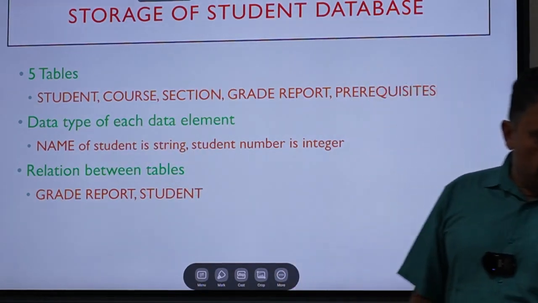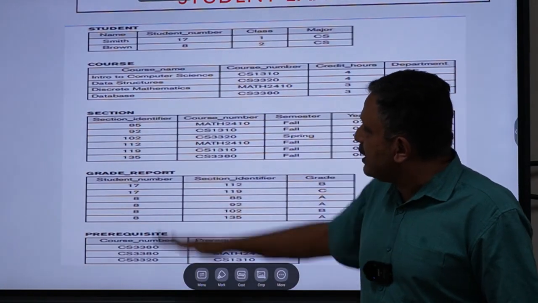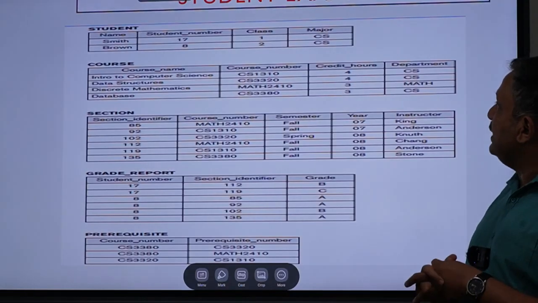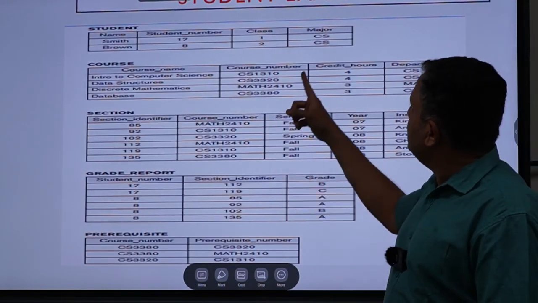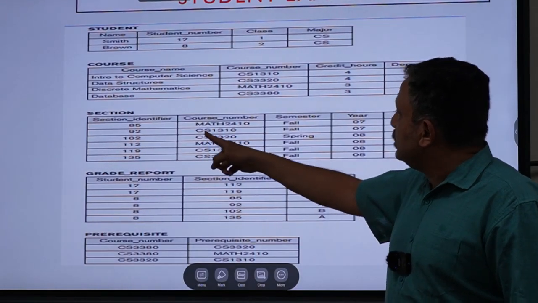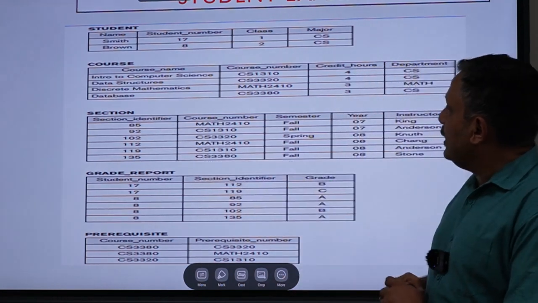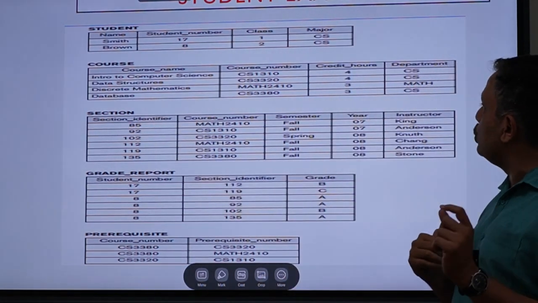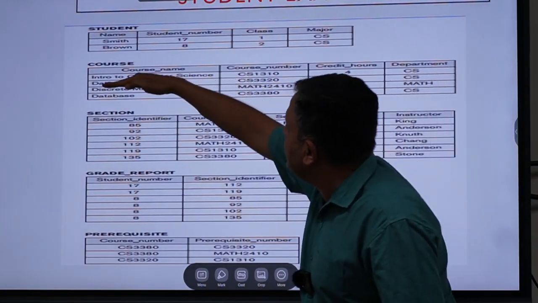Similarly, it's interesting to note that all these tables are related somewhat to each other. So for instance, let's take CS1310. You can see here, this is part of a section. Now that section is 92. The section identifier is 92. Now you can see CS1310 is also here. It's in the course.